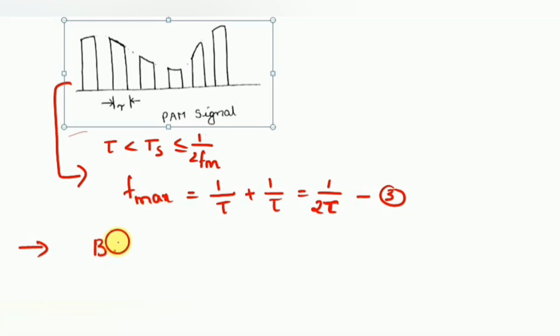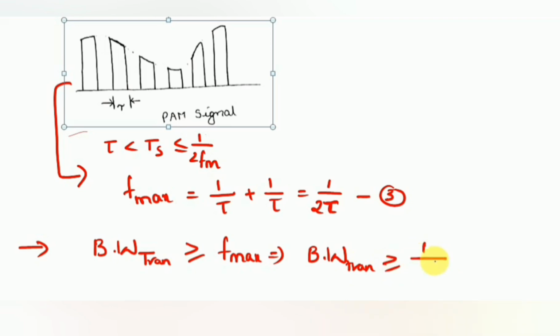So the bandwidth for the transmission signal, which is always greater than F max, implies the bandwidth is greater than or equal to 1 by 2 tau. We know that this tau is nothing but the on time or off time pulse duration.